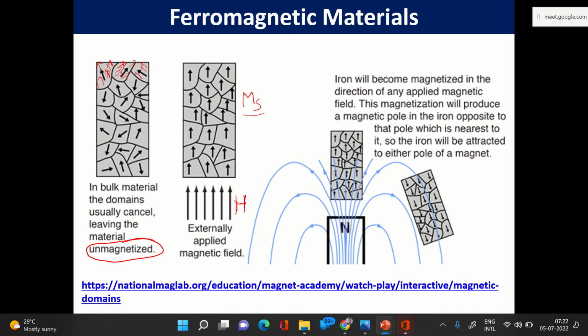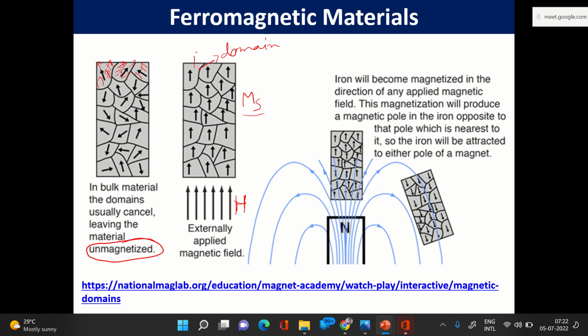All these domains, so the boundary, the line that separates an area of one type of alignment of spins from another type of alignment of spins, that is called a domain. And the boundary that we call is the domain boundary, or domain wall.